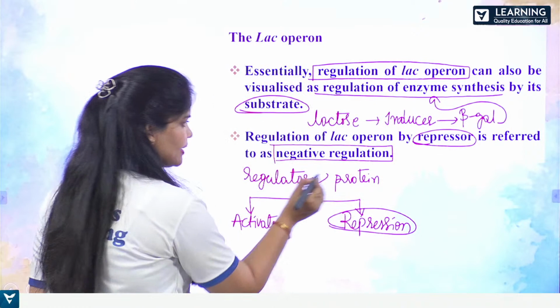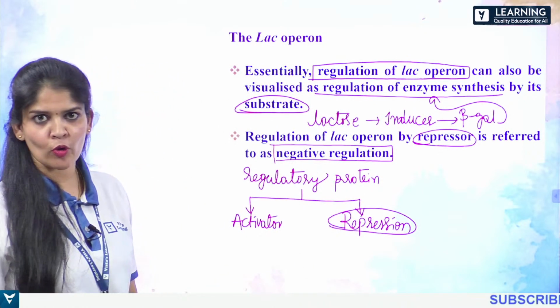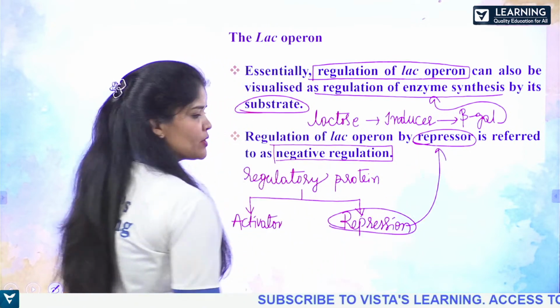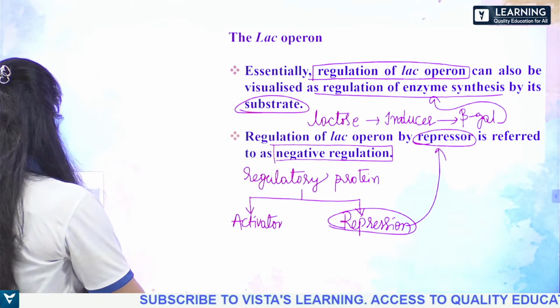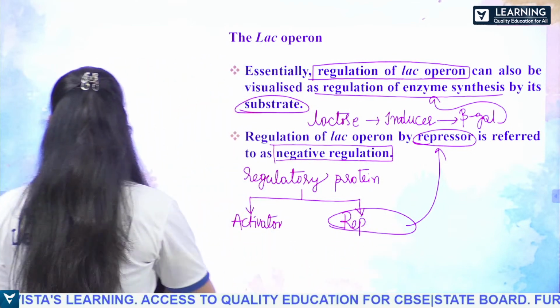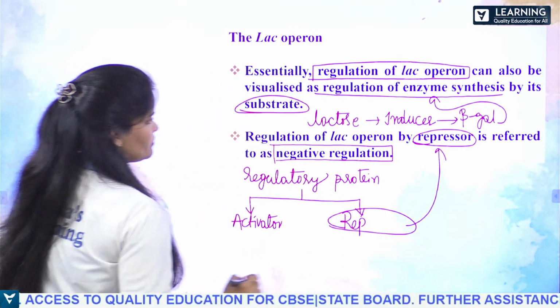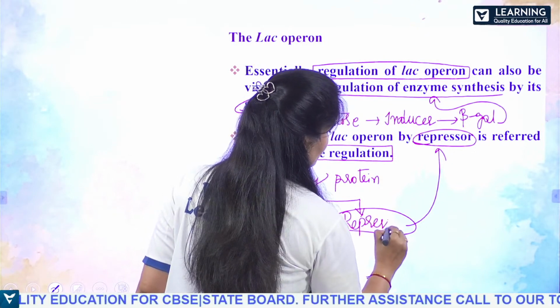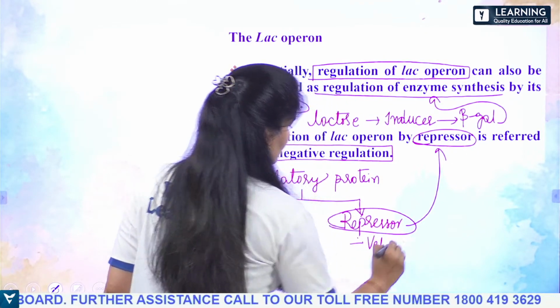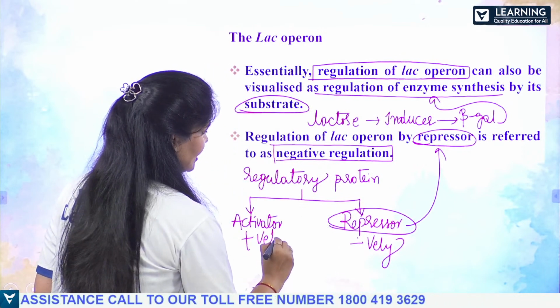As the regulatory protein in the case of the lac operon is a repressor, it regulates negatively.